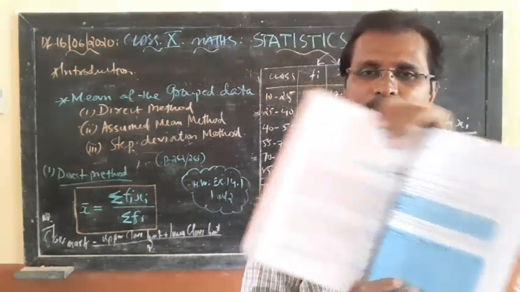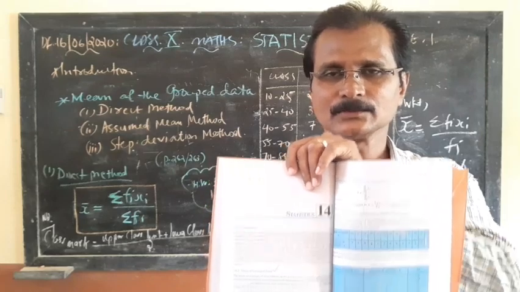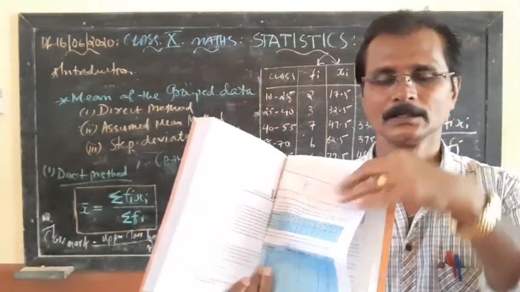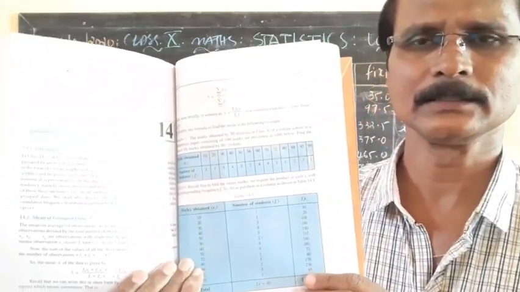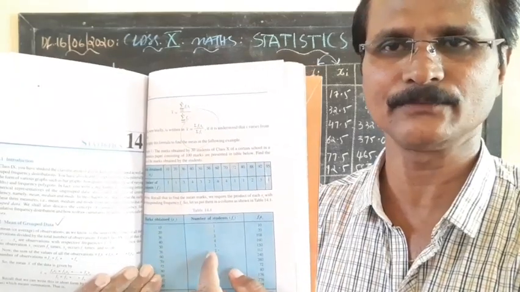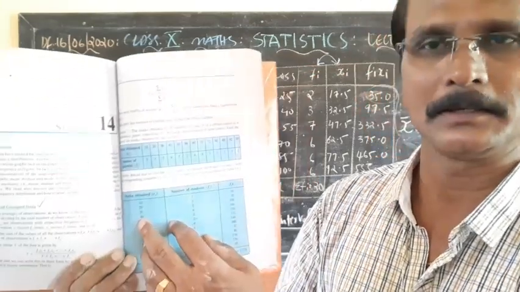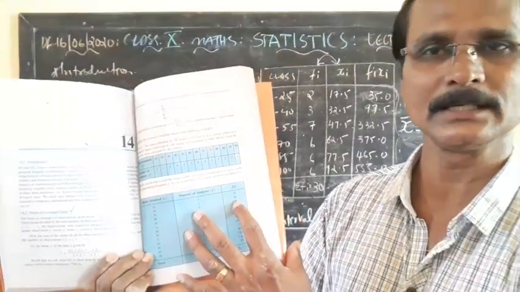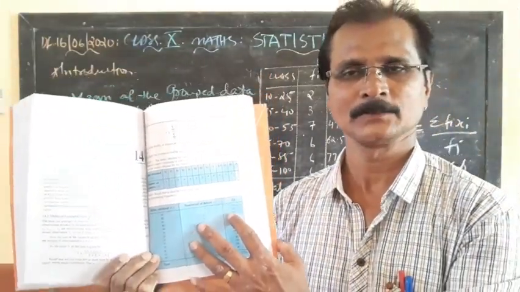So please complete this one also. No classes, so therefore no mid values. So you can directly take fi xi. So this is xi and the second one is fi. So you can multiply these two. Okay? So please complete it.